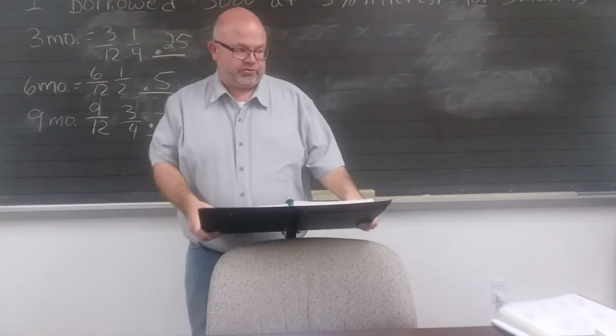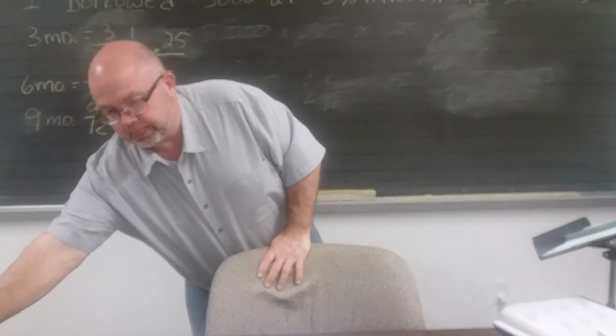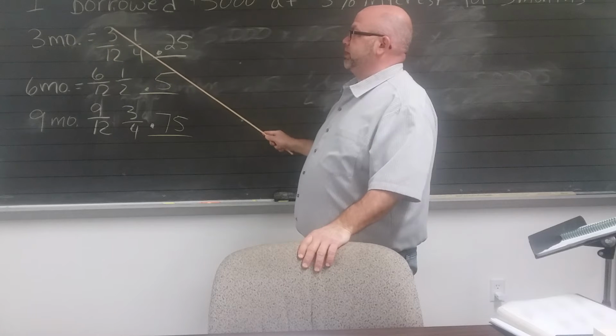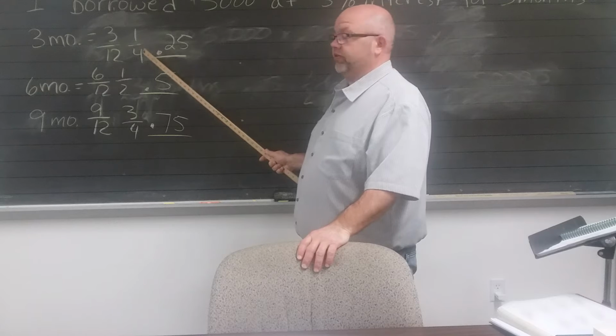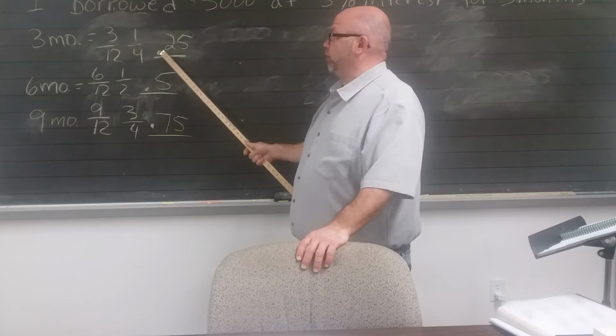And here are some numbers that you want to become familiar with. 3 months, which would be 3 over 12 months of the year, is 1/4 of a year. The decimal equivalent of 1/4 is 0.25.